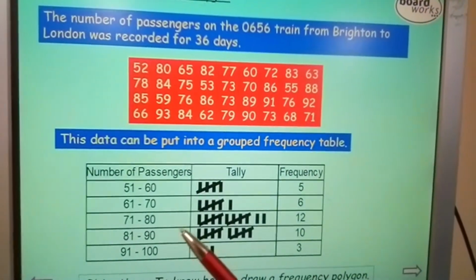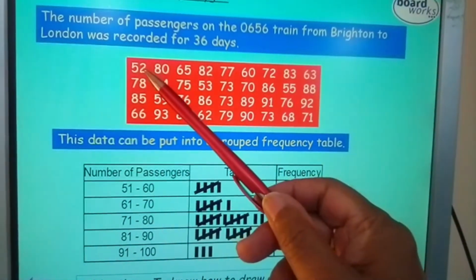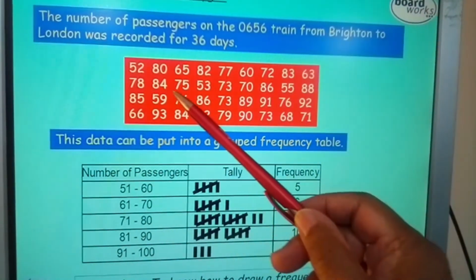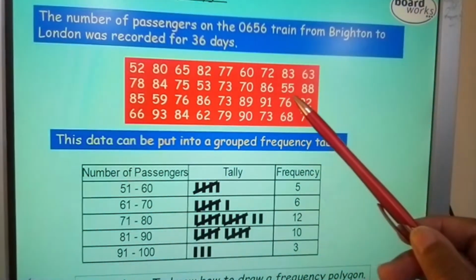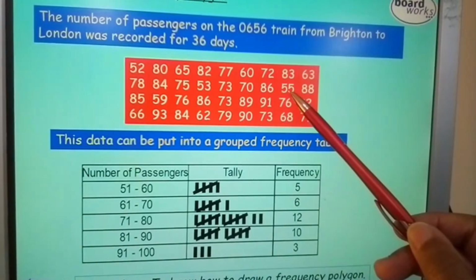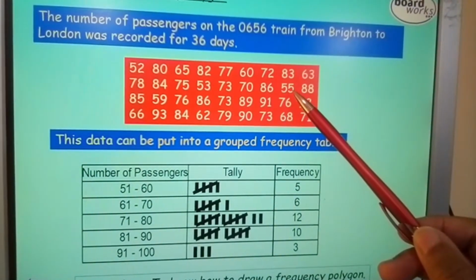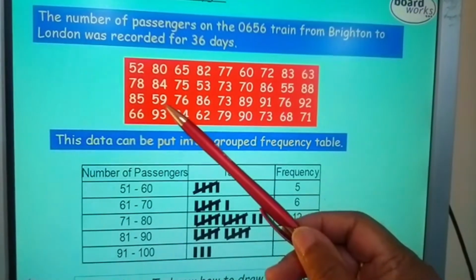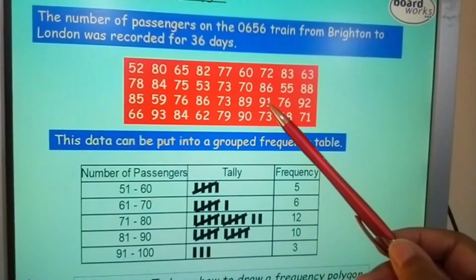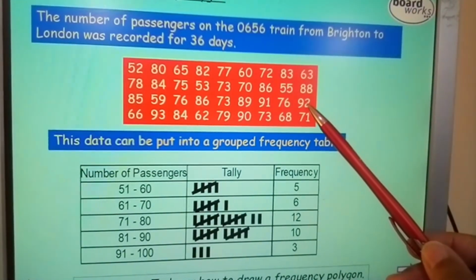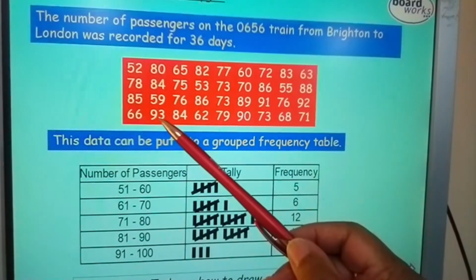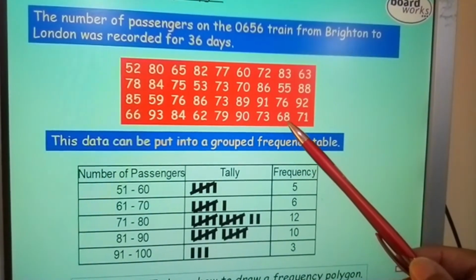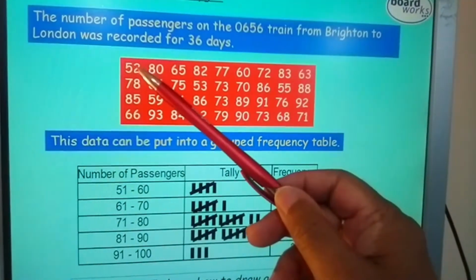Now if you count how many passengers we got: 52, 53, that makes 2, 55, that makes 3, 59, that makes 4. Now it's possible I missed something out here, so let me just check.